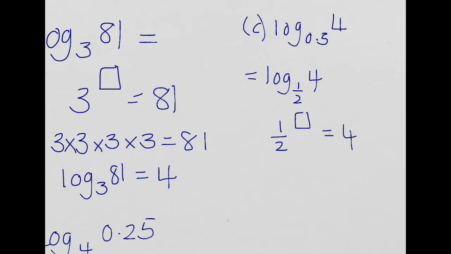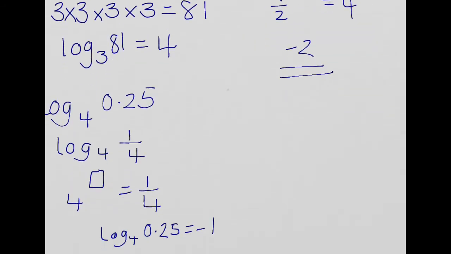Well, I know that a half squared is a quarter, and I know the reciprocal of a quarter is 4. So I know that that is going to be -2, because again, a half squared is a quarter, and a negative exponent is the reciprocal, so the quarter would turn into a 4.